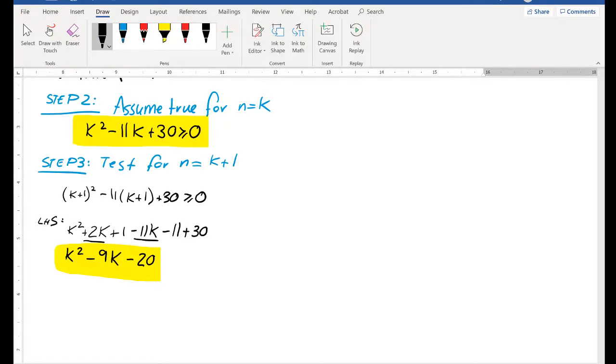Let's manipulate it. Well, let's just write the value we want there. We want k squared minus 11k plus 30, because we know that that is greater than 0. But how can we manipulate this line to entail that? Well, I've got negative 11k, so I know to get back to that I'd have to plus 2k's. And I've got 30. I need to get to 20. Now, should that be a positive 30? Yep.